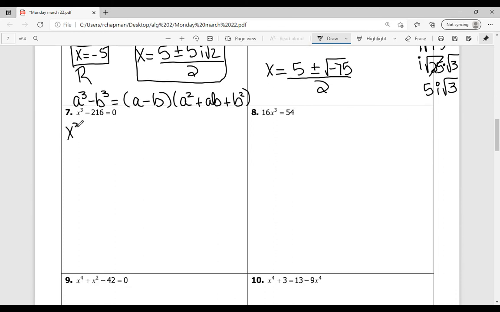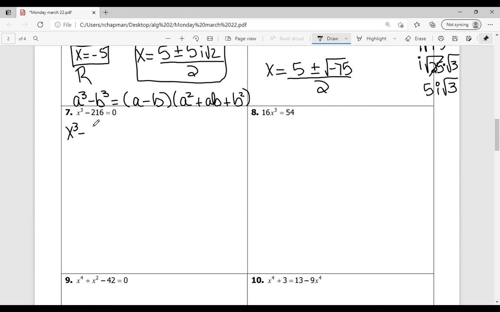So I have no common factor. It's set to 0. And what is the cube factor of 216? It's in your list. It's in your packet.